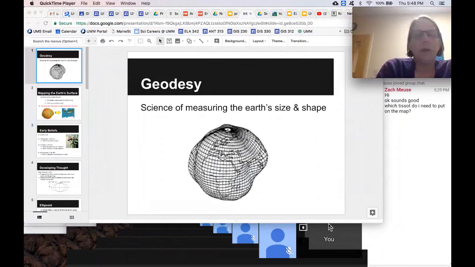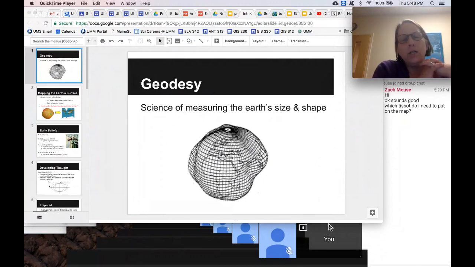It's a highly mathematical and geometrical activity, and so it involves lots of mathematicians. We have one fairly well-known geodesist here in Maine named Joe Zakis, who was on the faculty at University of Maine at Augusta, but is now a provost there. So I don't think he's doing too much research in geodesy.